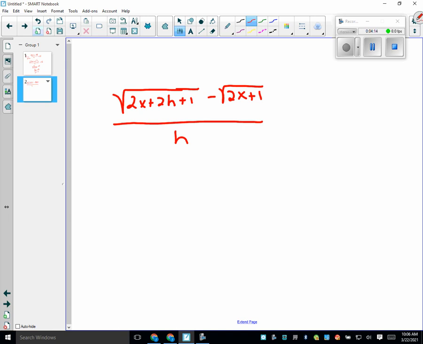What I'm going to do is multiply by the conjugate of the numerator. And if I do that on top, I do that on bottom, right? So I have the radical 2x plus 2h plus 1 plus radical 2x plus 1, right? Is that the conjugate?